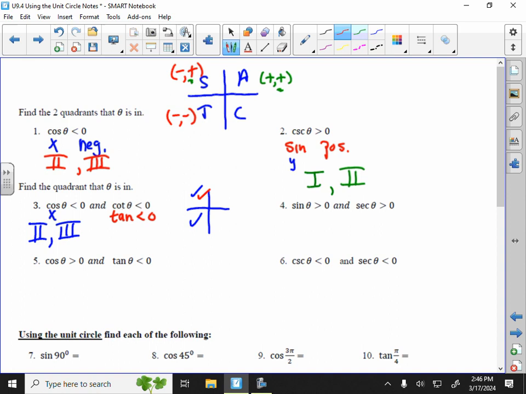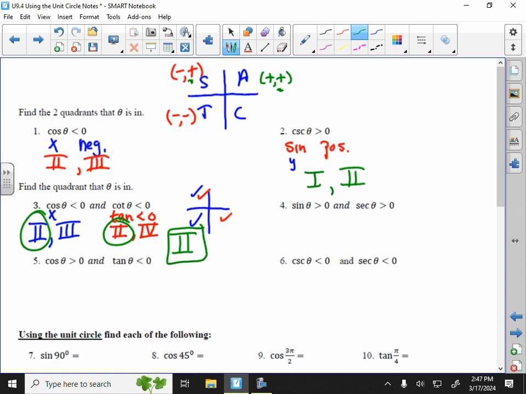So we know they're opposite signs here in 2 and 4. And so for cotangent or tangent being less than 0, the answer would have to be either 2 or 4. All right, now there's one quadrant that's going to repeat. You can see quadrant 2 is repeating. So quadrant 2 is going to make both inequalities true. So quadrant 2 is going to be the answer.